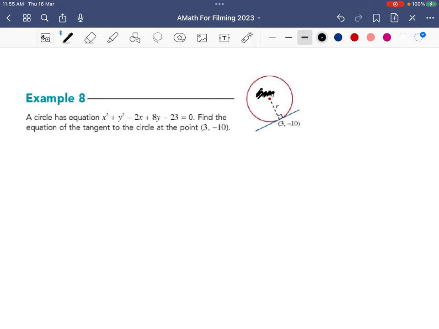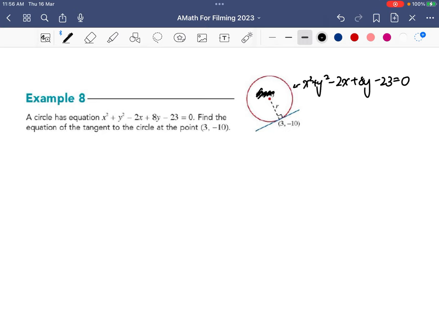They say that the circle has the equation x squared plus y squared minus 2x plus 8y minus 23 equals 0, and they ask you to find the equation of the tangent at the point 3, -10. Let's first find the equation of the circle in a form that will help us.